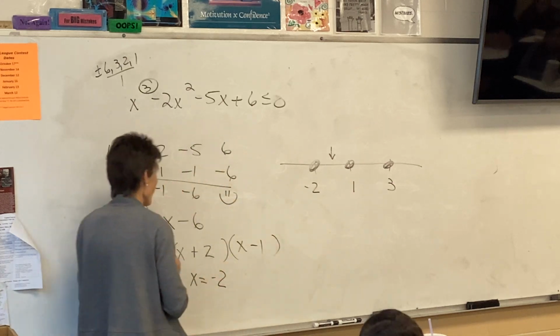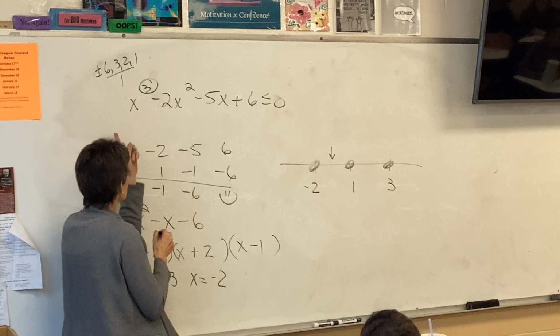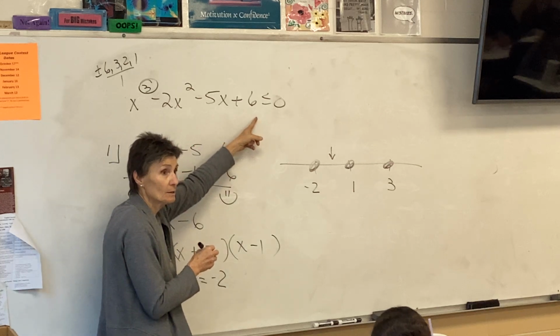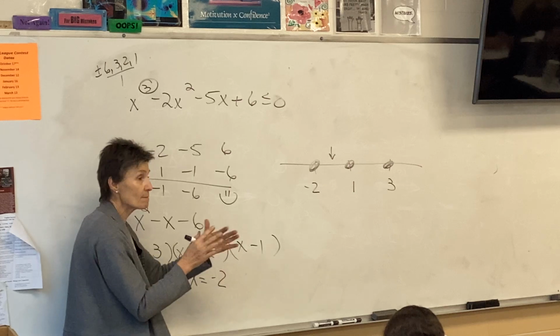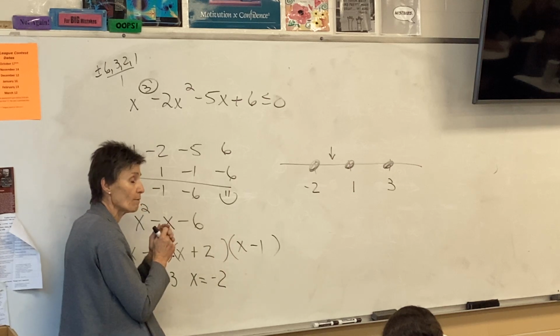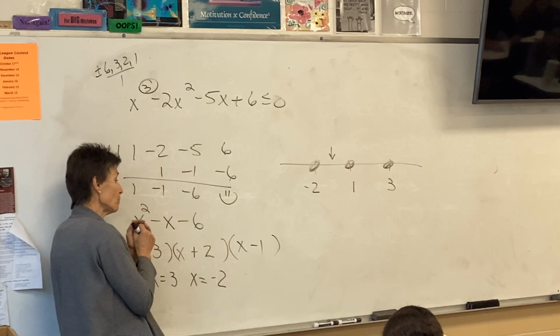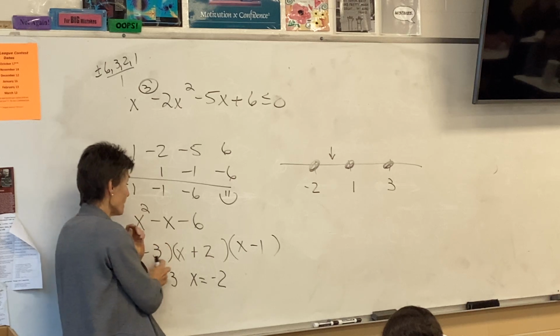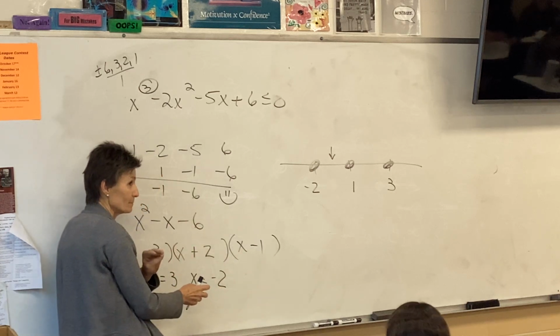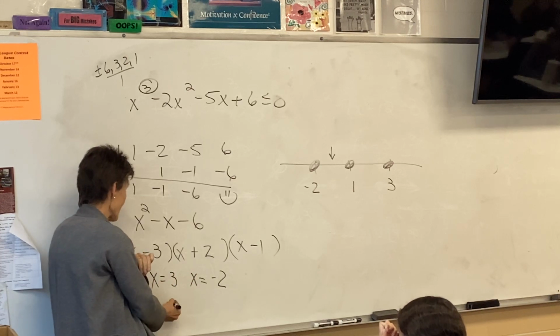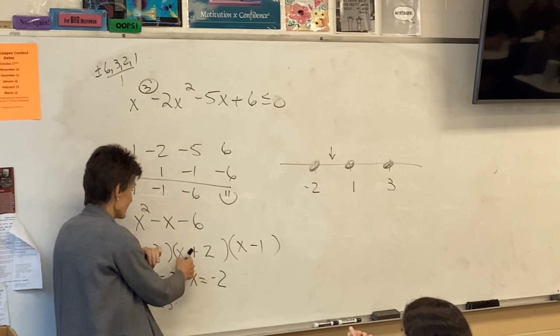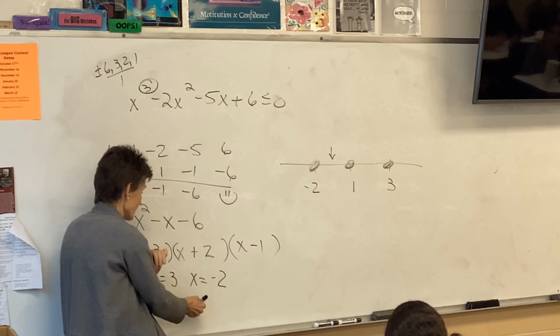So putting 0 in, you can put it in the original, or you can put it in your factors. It doesn't matter, you can put your number in wherever you want. If you put it into your factors though, make sure you're putting it in all 3. So 0 would give me -3 times 2 times 1.